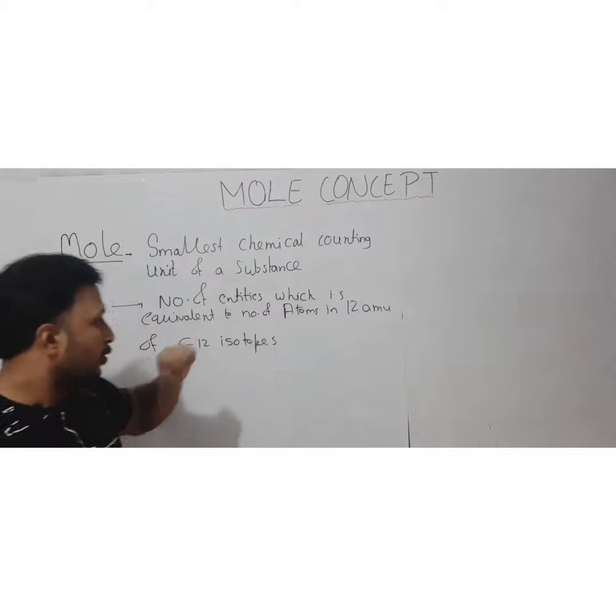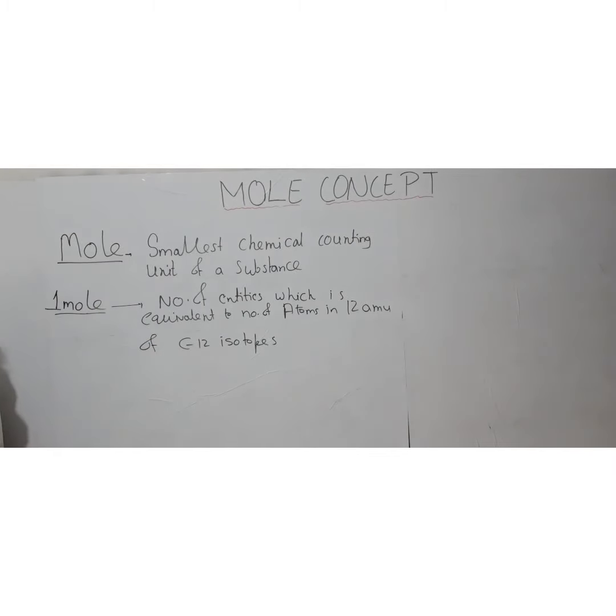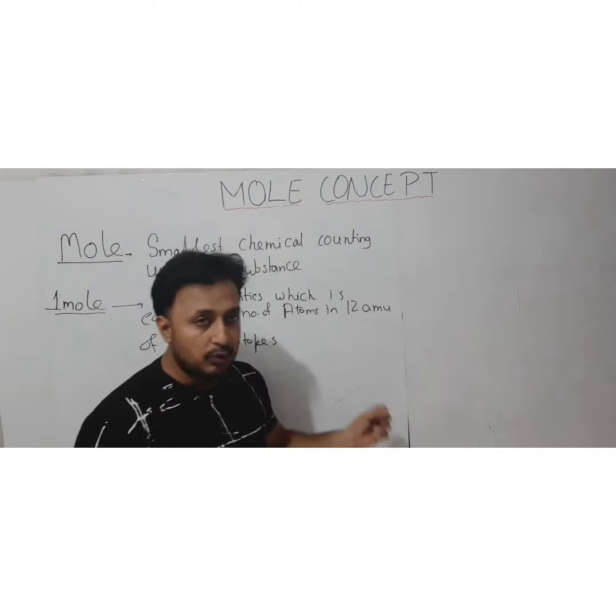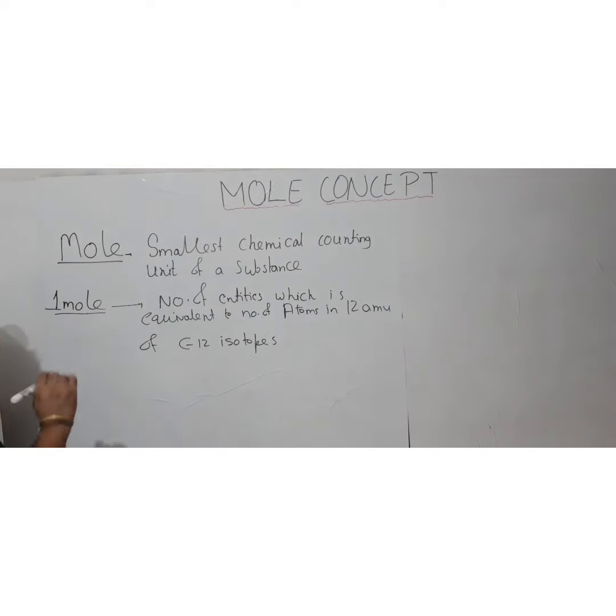Okay, now why are we using 12 AMU of the carbon 12 isotope? Because carbon 12 isotope has a mass exactly equivalent to 12 AMU.